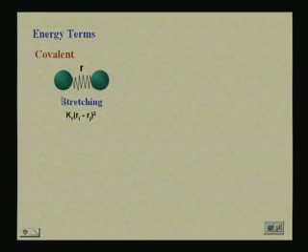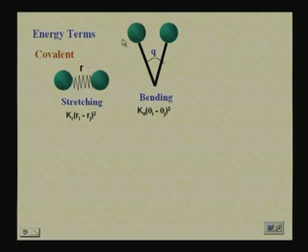We have our bond. Our bond is going to give us an energetic contribution to the total energy in the form of Hooke's law. What do we have for the angles? We have a bending that is going to contribute to the energy also. These are called energy terms that are added to the total energy that the protein is going to have.